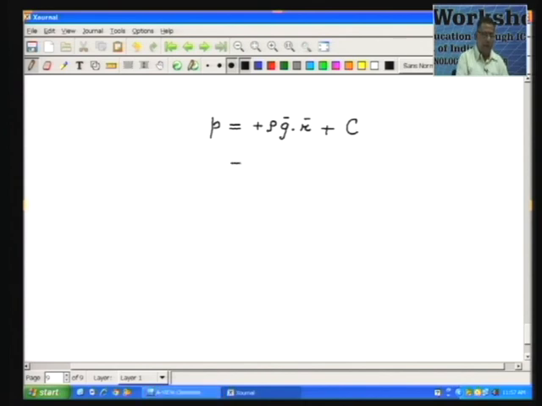So, if I expand this, this is rho into g_x x plus g_y y plus g_z z plus c.